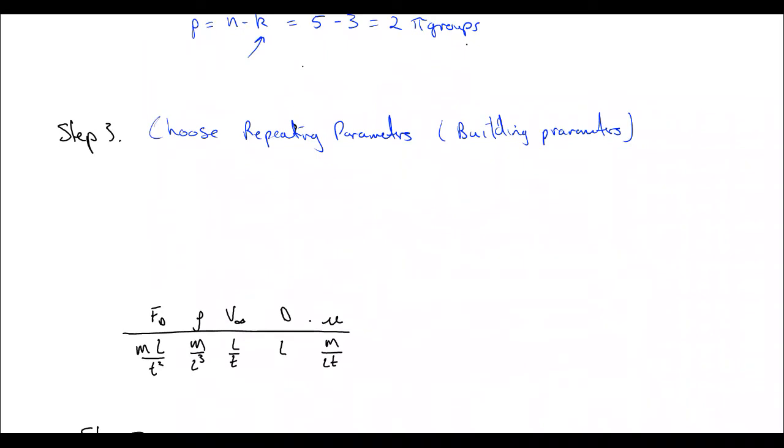So if we look at our group of physical variables, we have force, density, velocity, diameter, and viscosity, right? And we need to pick 3 of these.